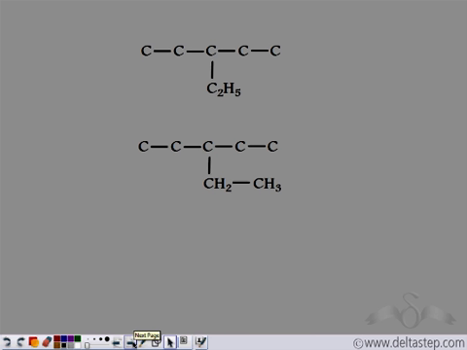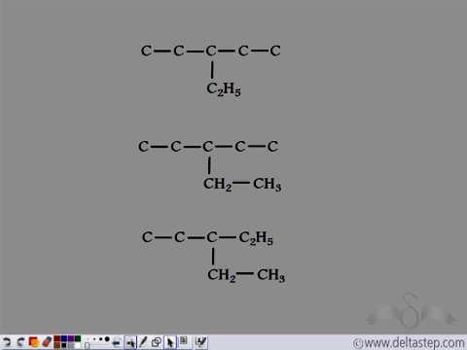When nothing is written, we know we can replace it by hydrogen atoms. This C2H5 can be expanded as CH2, CH3. Now, nothing is written here, so we can put hydrogen atoms in this case. So this becomes C attached to a C2H5 group. So this is also a C2H5 group and we have the same CH2, CH3 here.